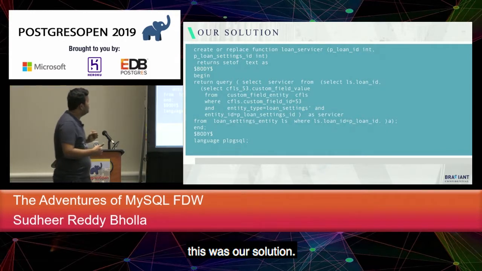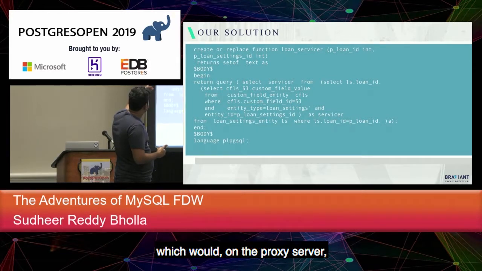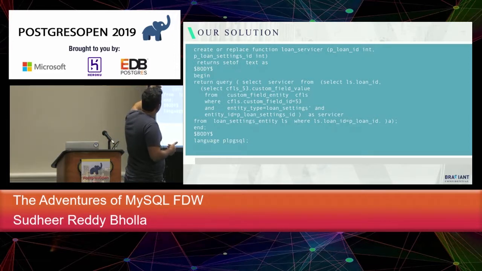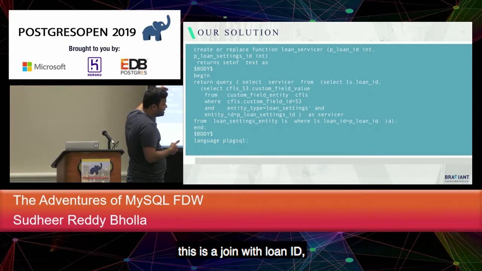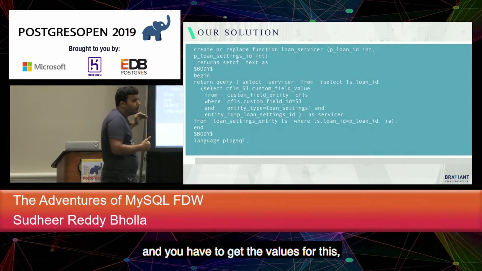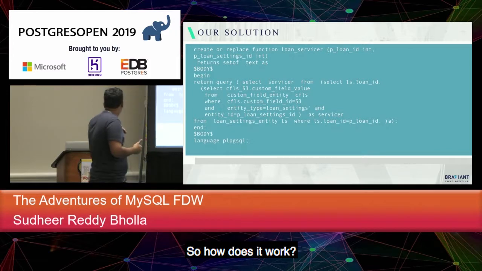So this was our solution. We have to create a function on the proxy server which would generate this query, where it would understand that this is a join with loan ID, and you have to get the values for this from the MySQL side. So how does it work?